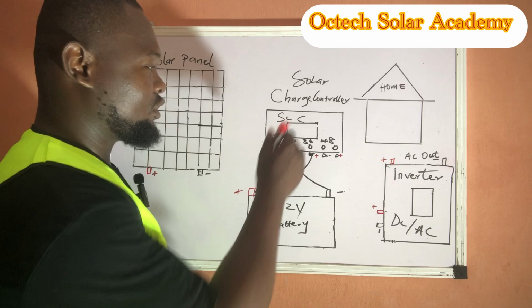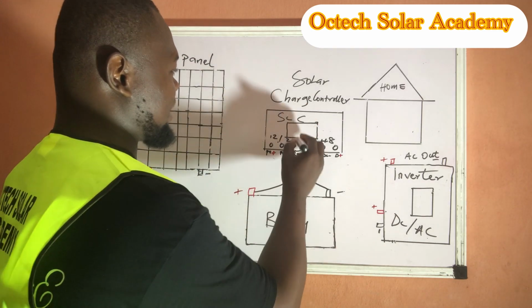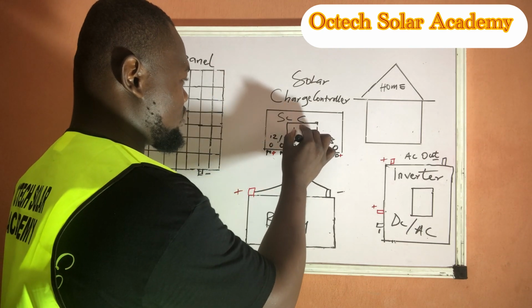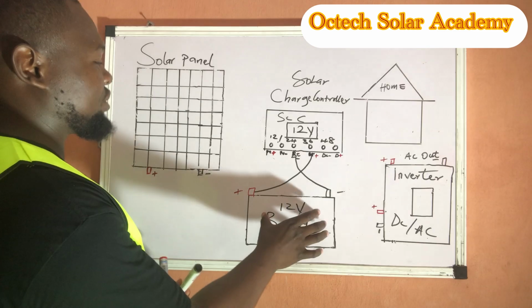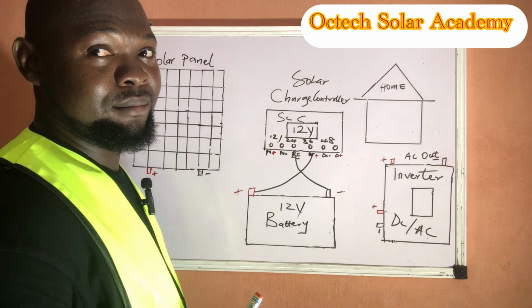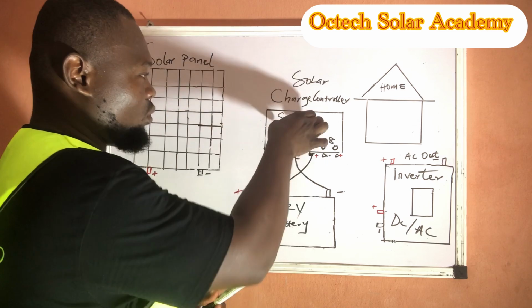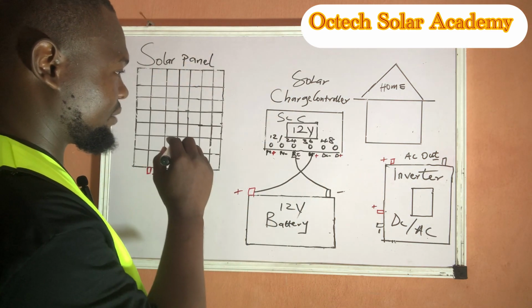Automatically, having done this connection, our SCC, our solar charge controller, will observe this voltage and read it to be 12 volts, because our battery bank is a 12 volt battery bank. So our SCC has already acknowledged this voltage to be 12 volts.